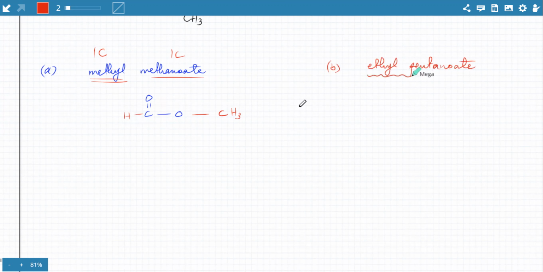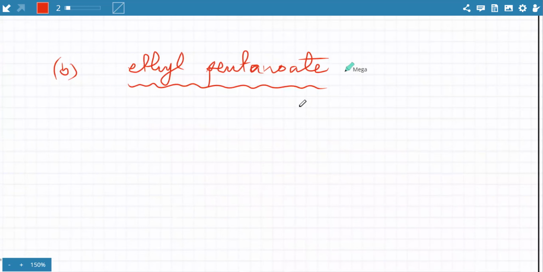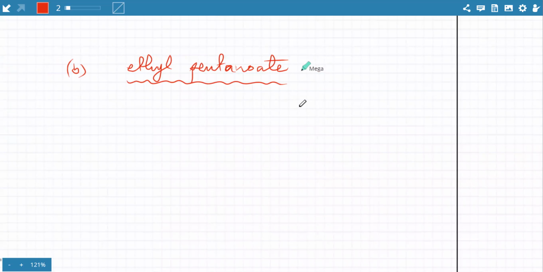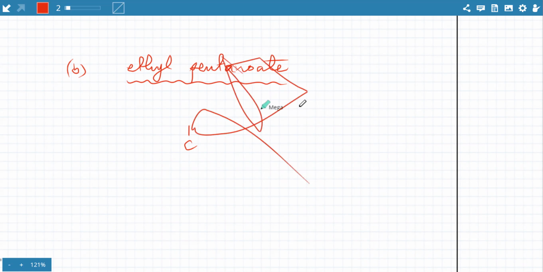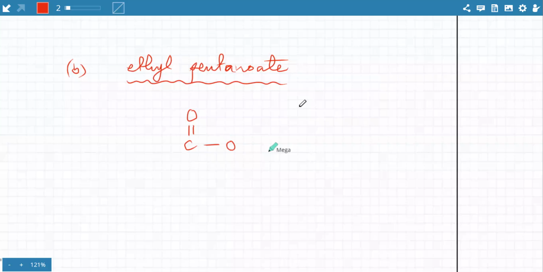What is ethyl pentanoate? Put the ester link in the middle first, and draw, sketch that imaginary line.